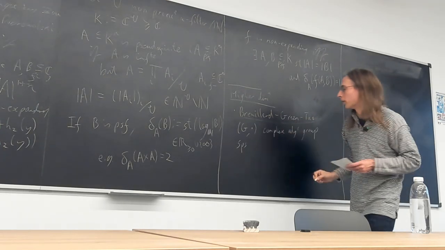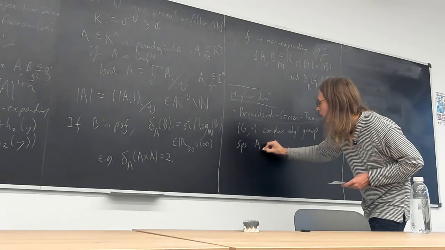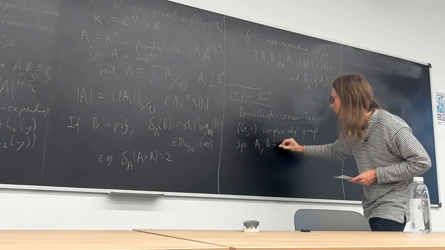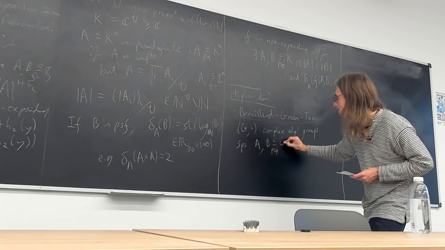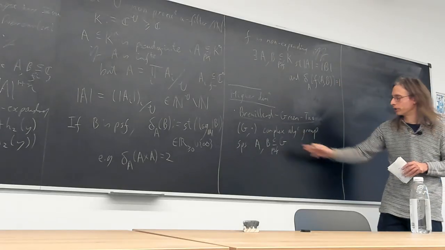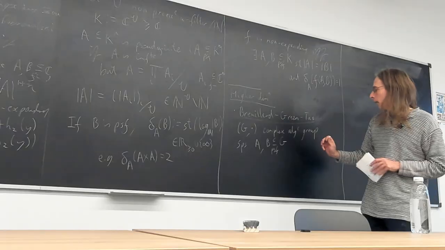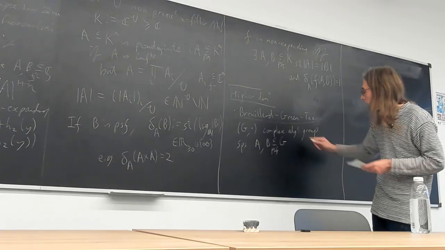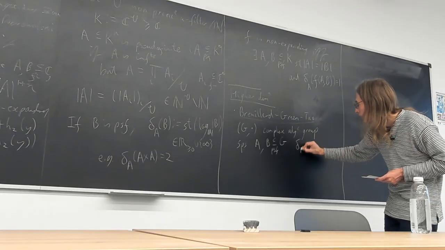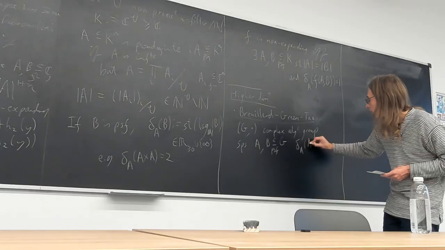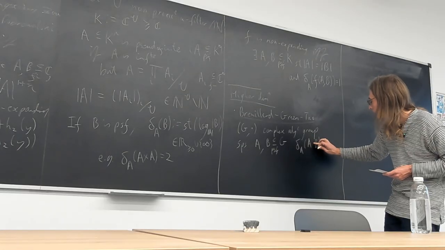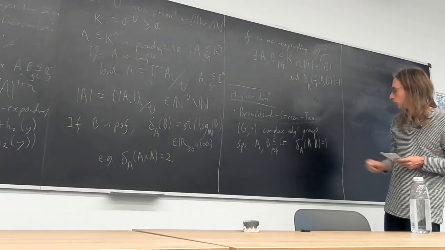Suppose we have pseudo-finite subsets A and B of the group, so now I'm taking the K points of G, and suppose that it's non-expanding in the sense that delta of A times B with respect to A is 1.